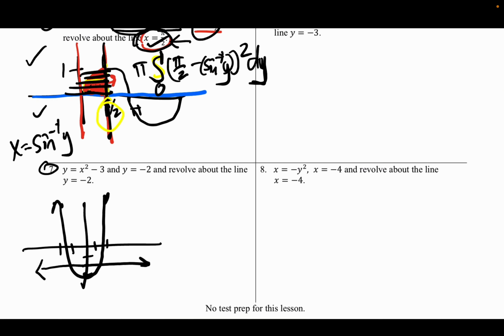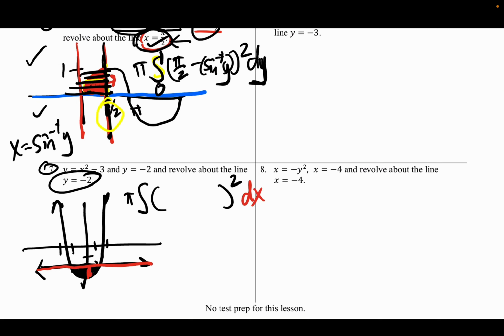And revolve around the line y equals negative 2. So this is also not washers. So I'm going to say pi integral of something squared. Now we're revolving along the line that we are right up next to, y equals negative 2, which is like the x-axis, so this is going to be in terms of x.